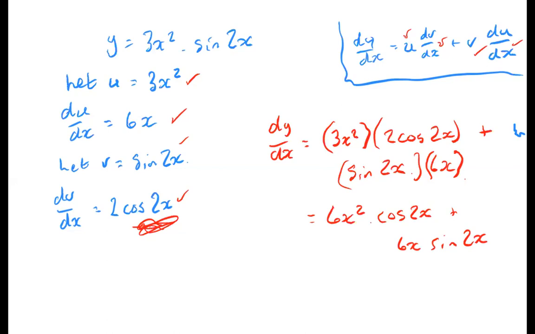Okay, and the last thing we could do if we wanted to is take 6x outside brackets with x in there plus sine 2x.